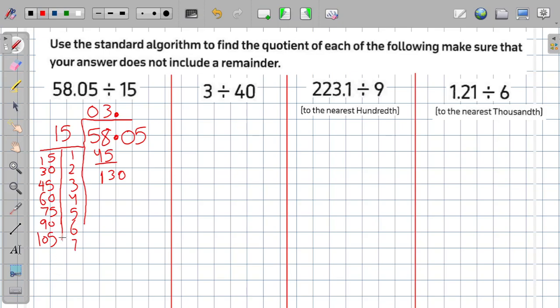So let's continue in the timetable to reach 130. So I have 8 times 15 equals 120, and 9 by 15 equals 135. So 130 is between 120 and 135. So I will take 120.